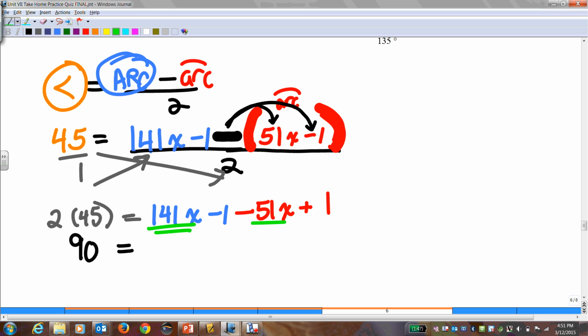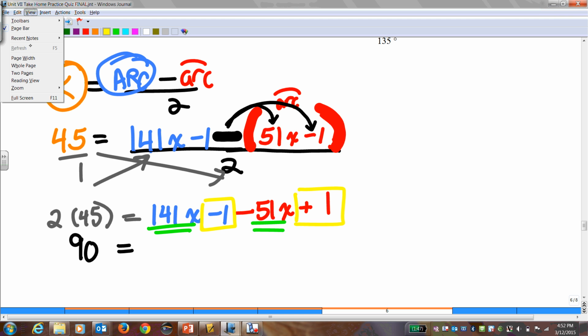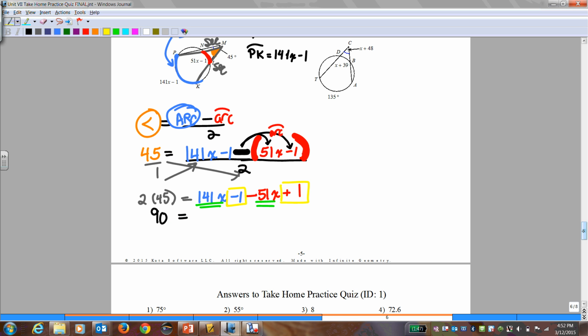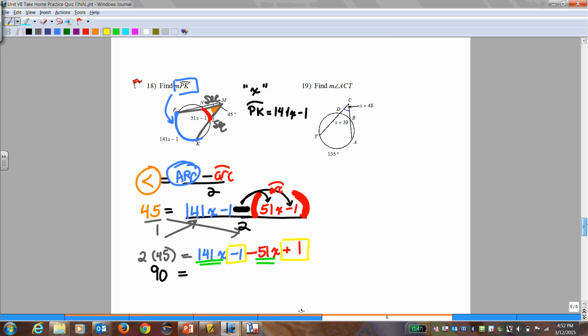Here's our variables. And here's our non-variables. Collect like terms there. Solve for x. Now don't get all happy when you solve for x, because you have to take whatever that value of x is, and you're going to plug it in right there, 141x minus 1, because you actually want the measure of the arc, not just x.